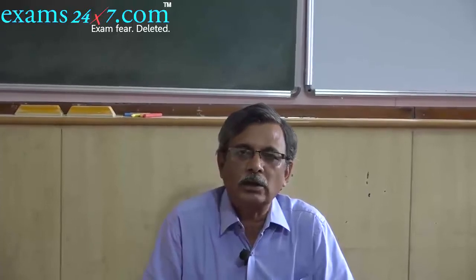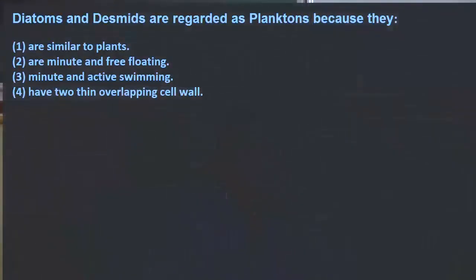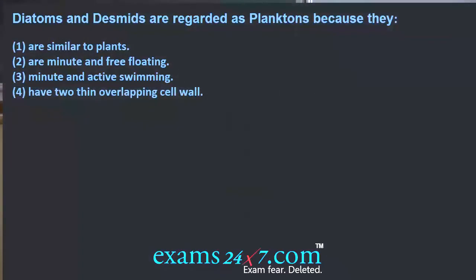And when you look into the other words, free swimming organisms are called nectons, bottom dwelling organisms are called benthos. Now, with this knowledge, we look into the options. Option first, are similar to plants. Option 2, are minute and free floating.